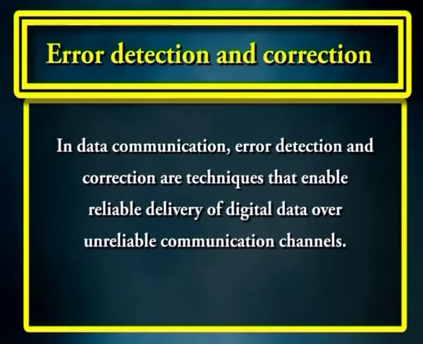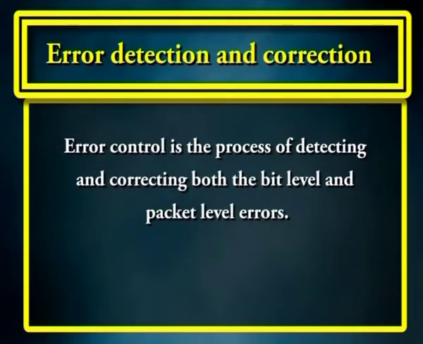In data communication, error detection and correction are techniques that enable reliable delivery of digital data over unreliable communication channels. Error control is the process of detecting and correcting both bit level and packet level errors.